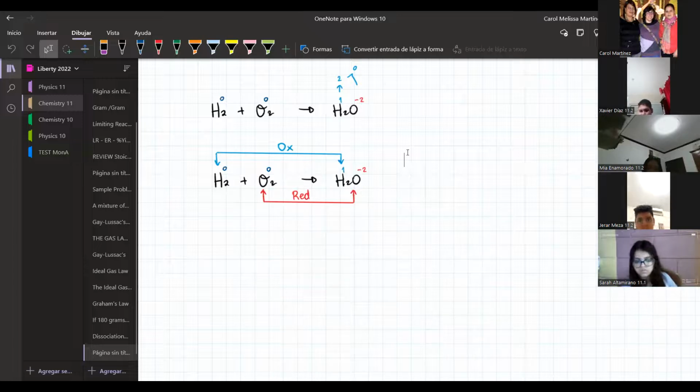It is oxidized because it was 0 and after it was 1, so we say that it was an increase in the oxidation number. It is reduced because it was 0 initially and after the reaction took place is -2. So what happened with the oxidation state? It was reduced, it was decreased. So we say that is reduction.